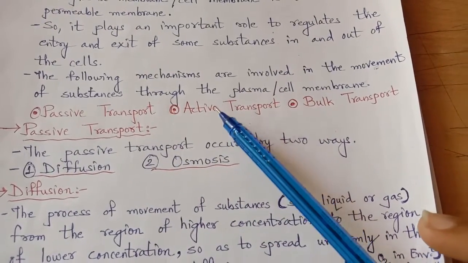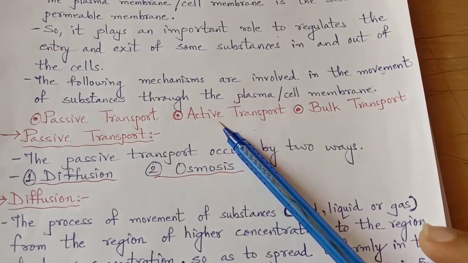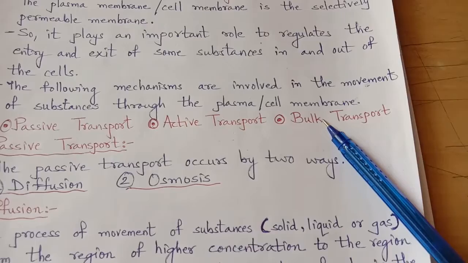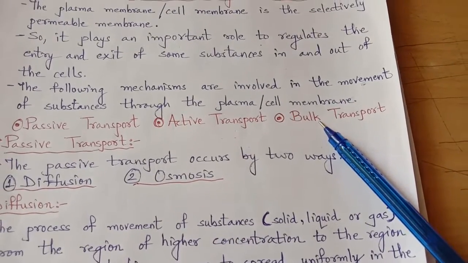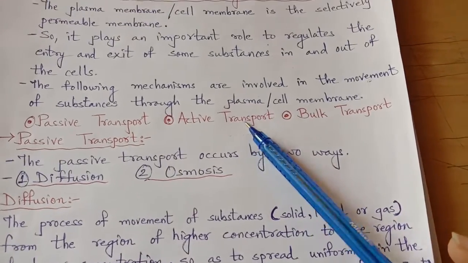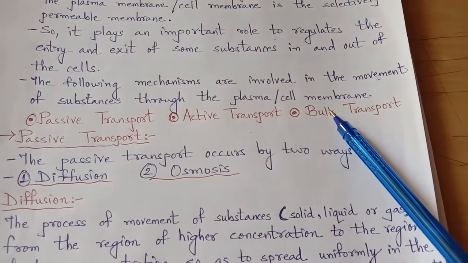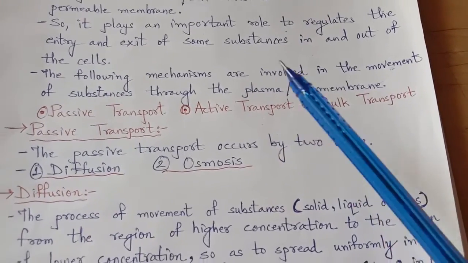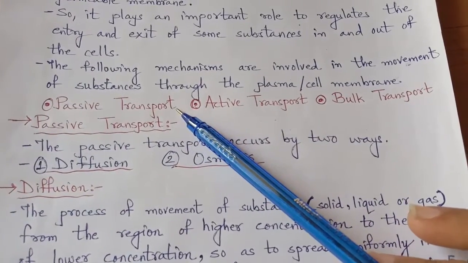Active transport works in the presence of some external energy. Bulk transport is not for a few molecules, it is for a very large amount of molecules. Active transport and bulk transport we are not going to study in 9th standard, you will learn that in higher classes. Here we will see about passive transport.